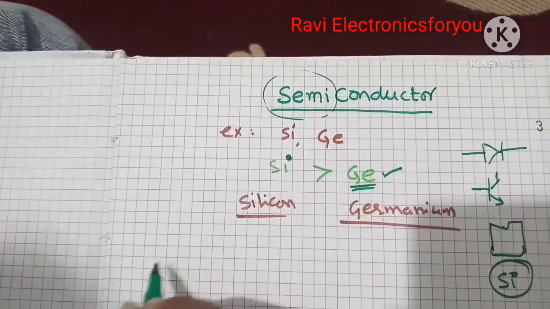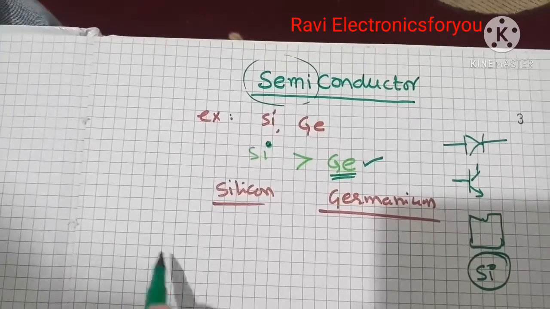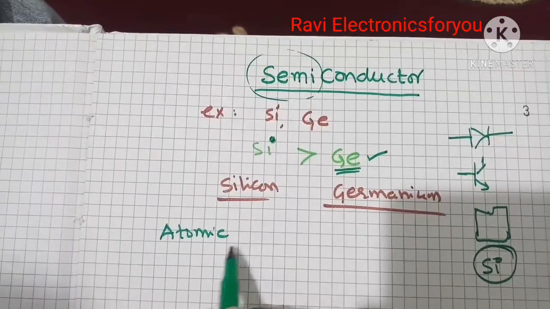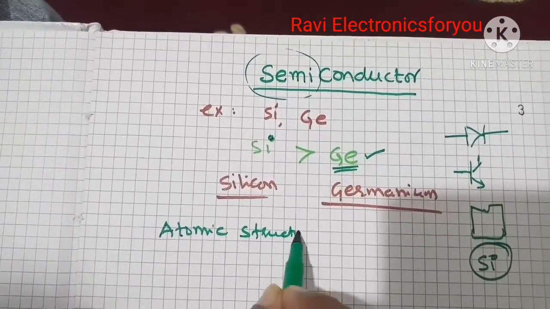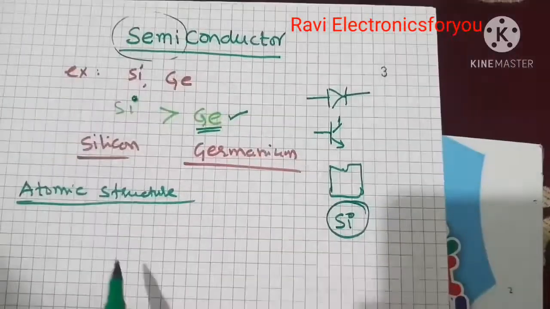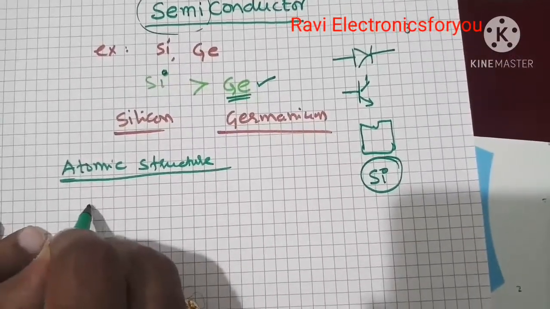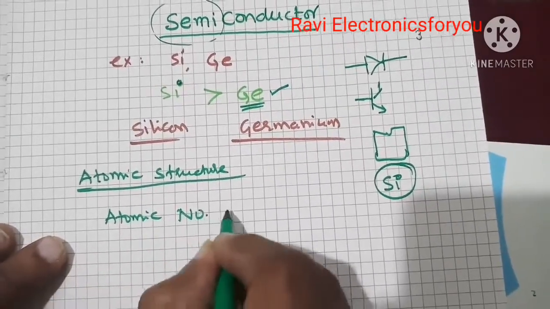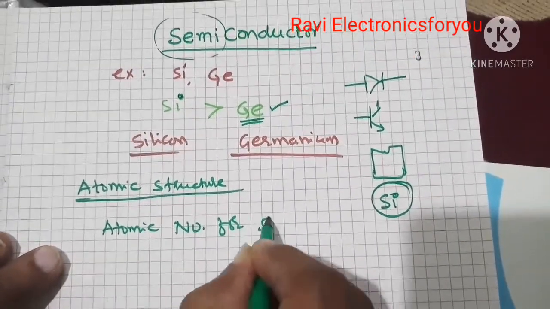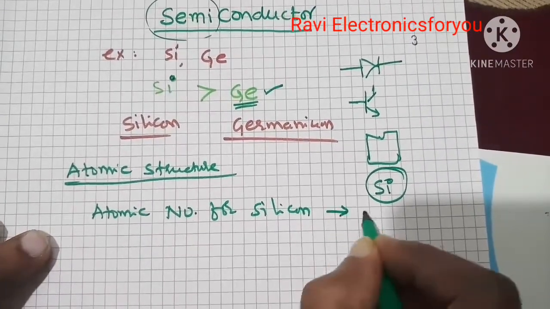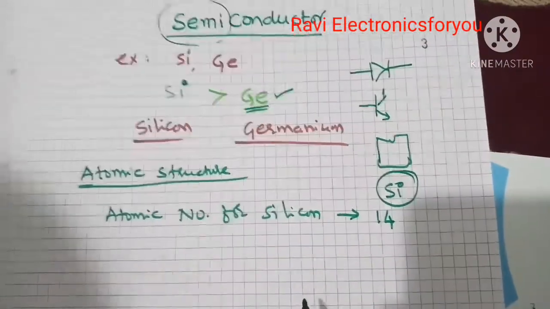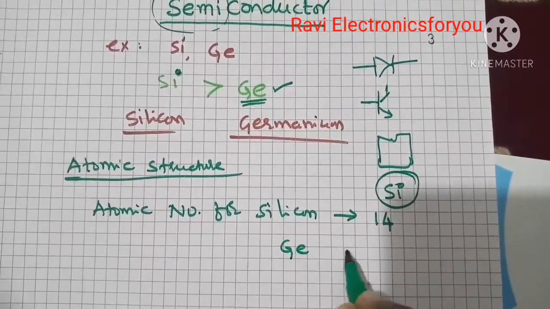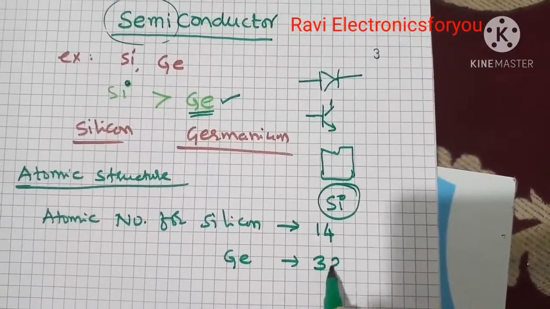As per Bohr's model, the atomic number for silicon is 14 and the atomic number for germanium is 32.